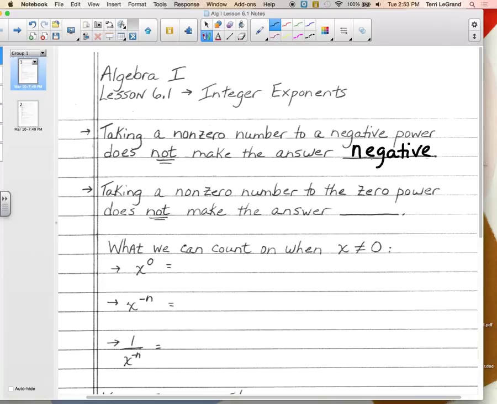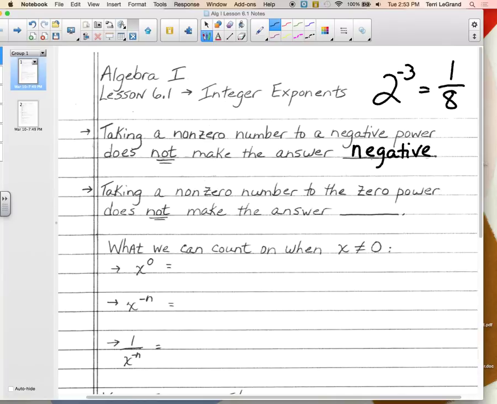What would make the answer negative? What if we were taking -2 to the -3 power? What did you say 2 to the -3 power was again? I think we said was 1/8. Okay.